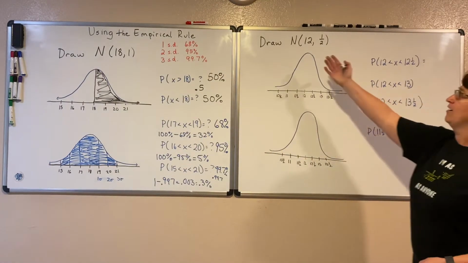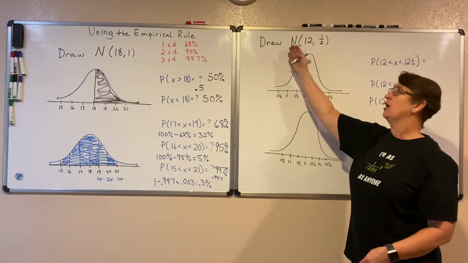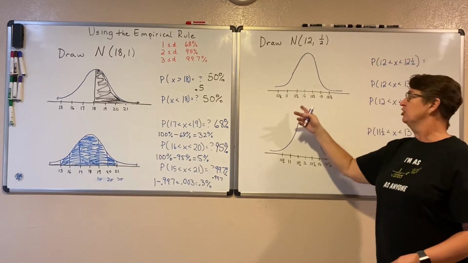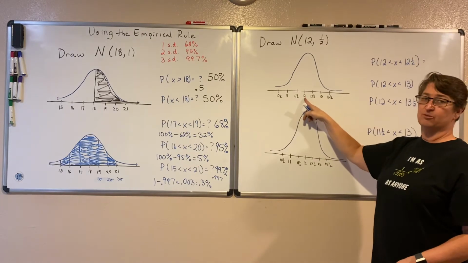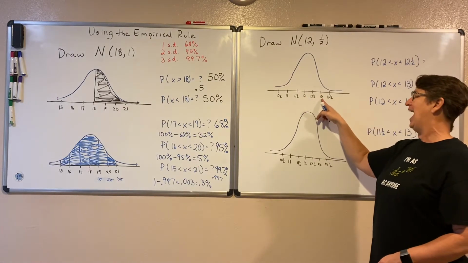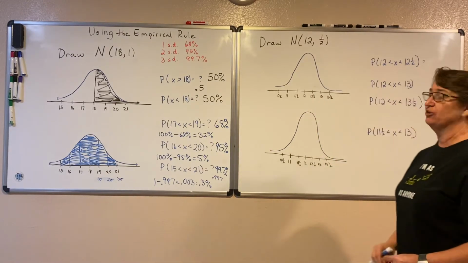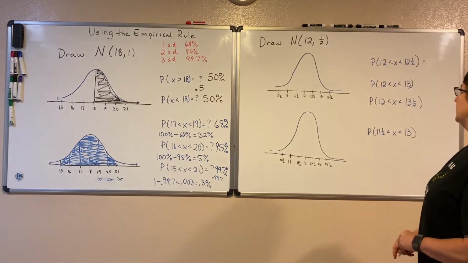By the way, I now have a normal curve with a mean of 12 and a standard deviation of 1/2. So here my mean is in the center, and I've counted by 1/2. Those distances are 1/2. That's what that standard deviation is, the distance from the mean.